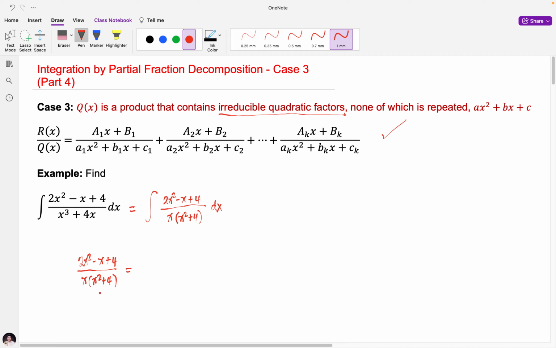So we will use case 1 for x and case 3 for x squared plus 4. That is A over x, because this is linear, plus Bx plus C over x squared plus 4, because this is quadratic. Okay, I hope that is clear.